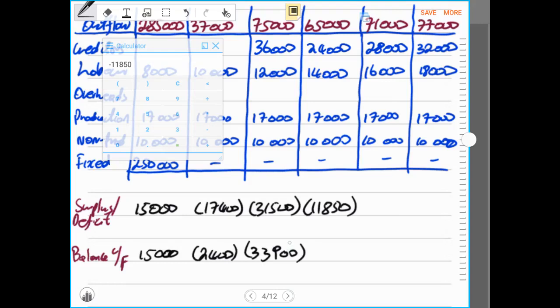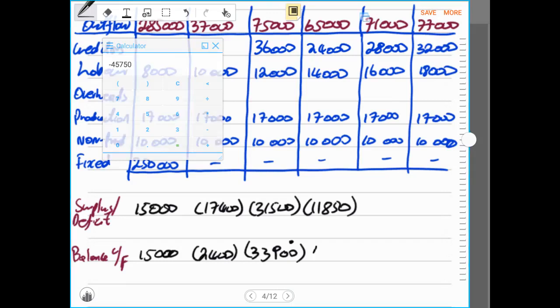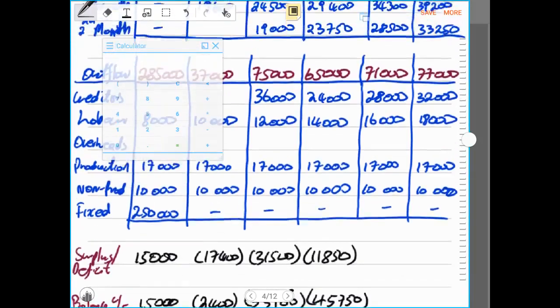Then there's another deficit, which was the balance brought forward of the deficit. To add that, which is negative 33,900 as another deficit, and that increases the deficit to 45,750.